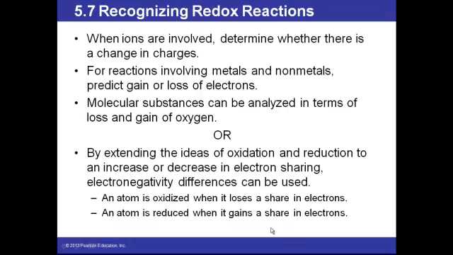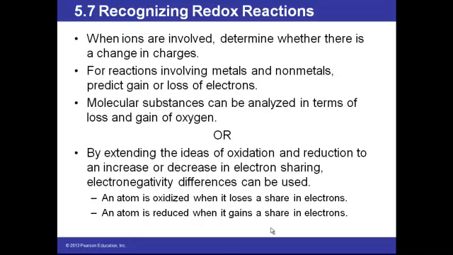So how do you recognize redox reactions then? You recognize redox reactions by determining if the elements or ions involved in the reaction have a change in their charge. And so we'll give you some clues as to figuring out if you've got a redox reaction and how you can actually evaluate this.